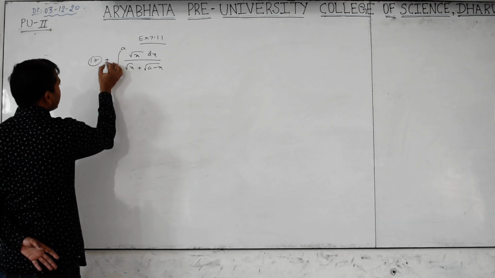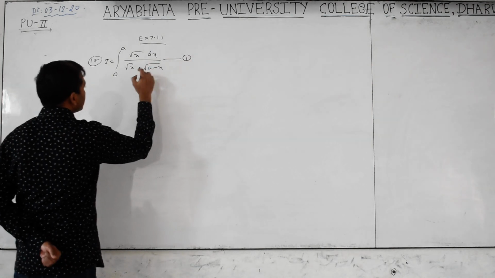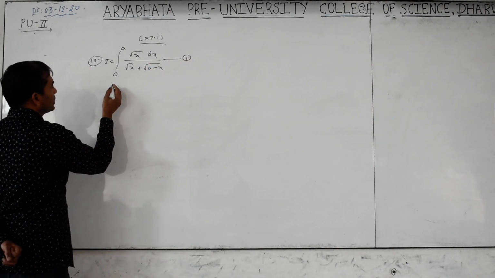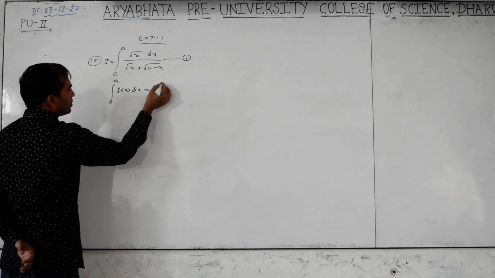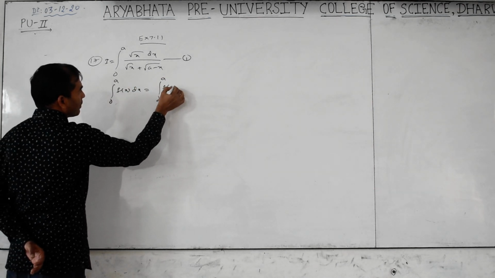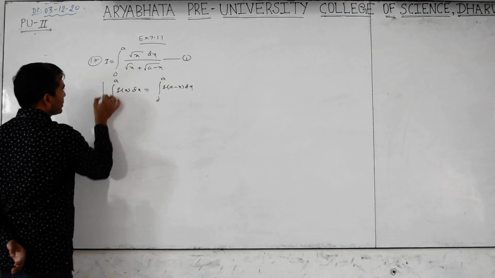Let this be I. Now, which property are we using here? Integration of 0 to a f of x dx equals 0 to a f of a minus x dx.